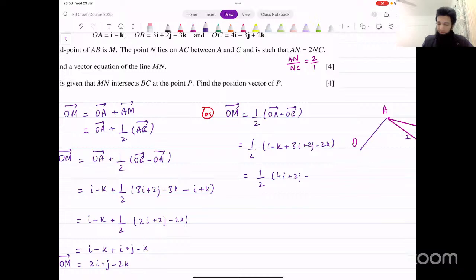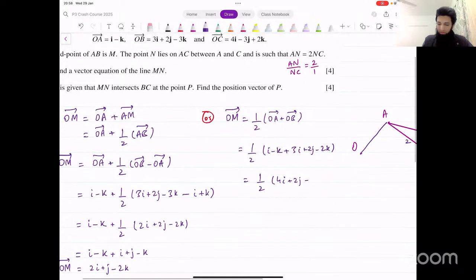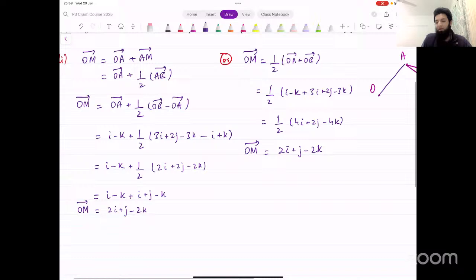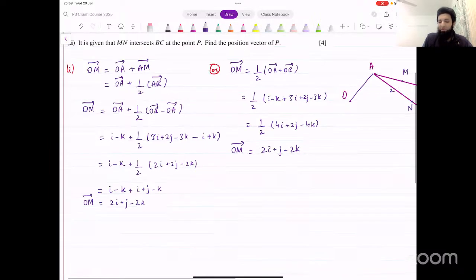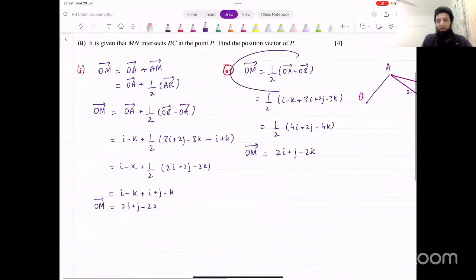Am I missing something? 3i plus 2j, okay, that was minus 3k. So this becomes minus 4k, and then divided by 2, we get 2i plus j minus 2k. That's the same vector that we got using that other method as well. You can do whichever of them you prefer. For midpoints, it's generally much quicker if we use this formula directly.